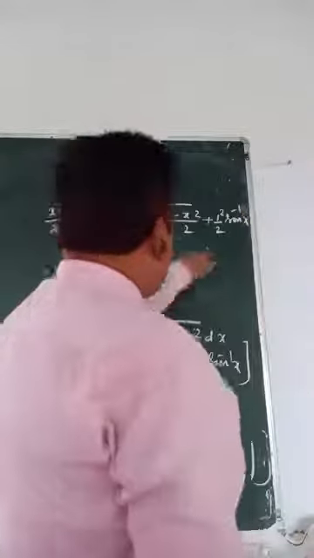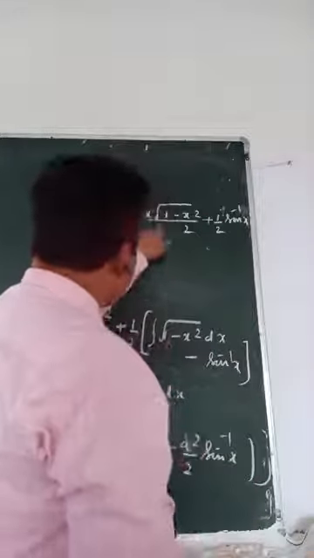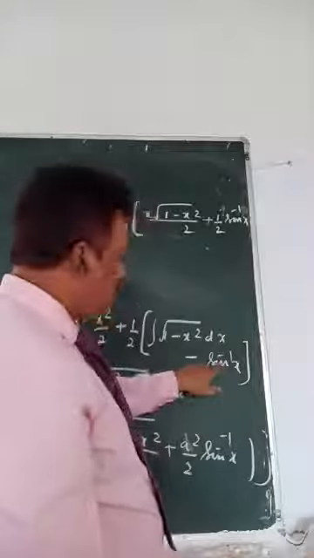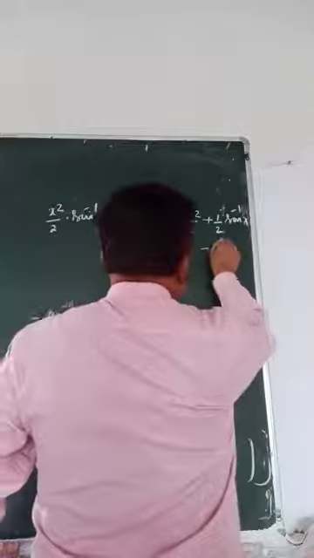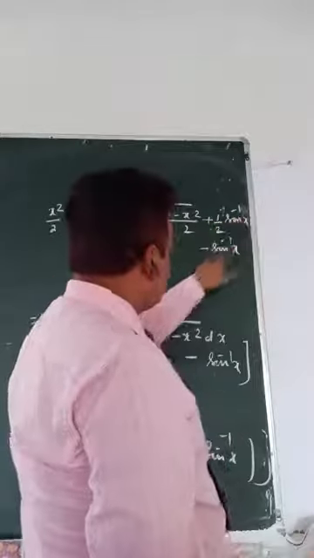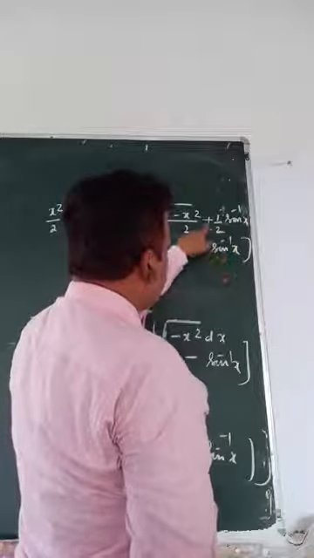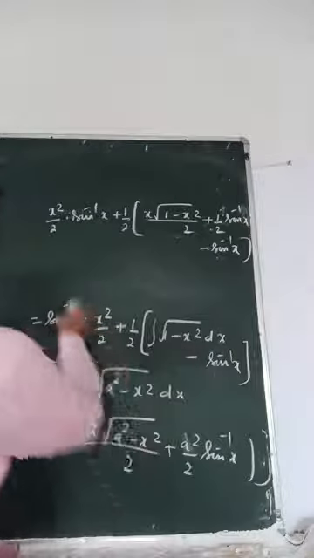So 1 square by 2 is half. After that, this part they have done here, then this minus sine inverse x is here. So half sine inverse x minus sine inverse x. If we subtract these two, that will be minus half sine inverse x.